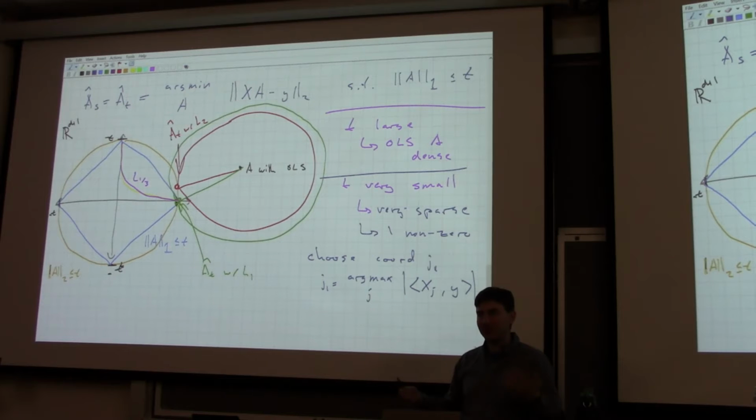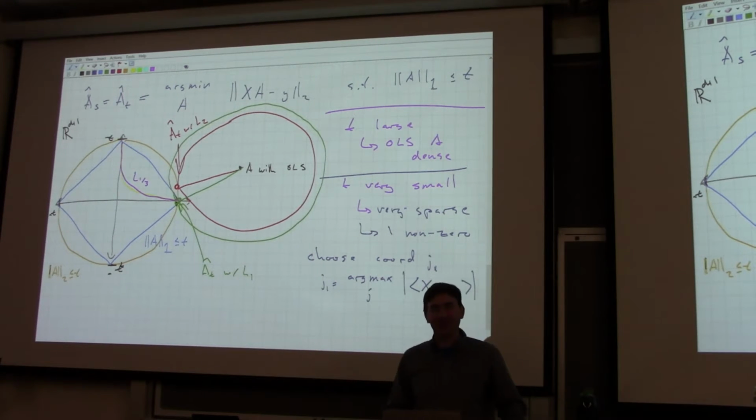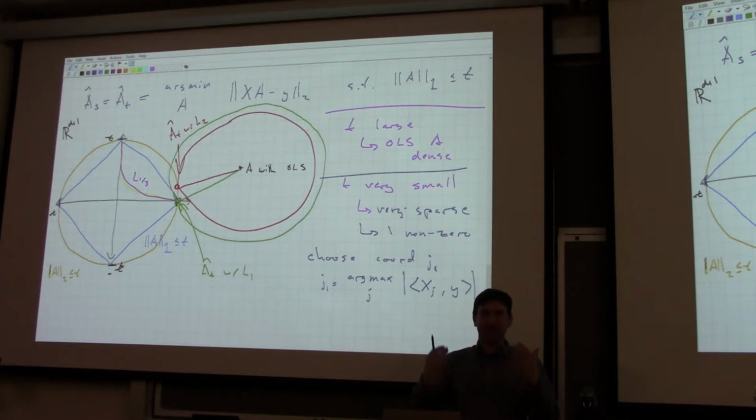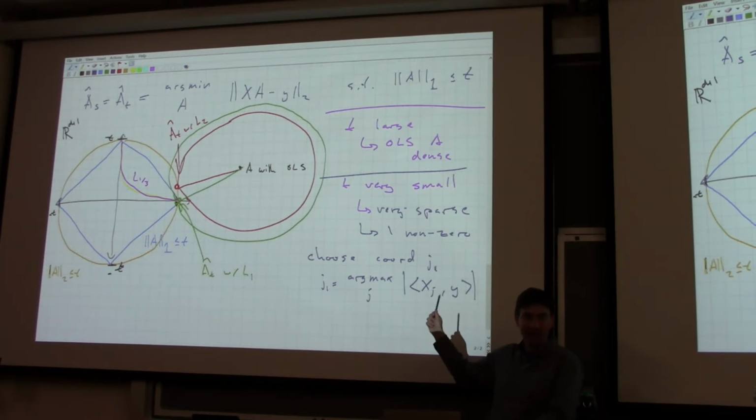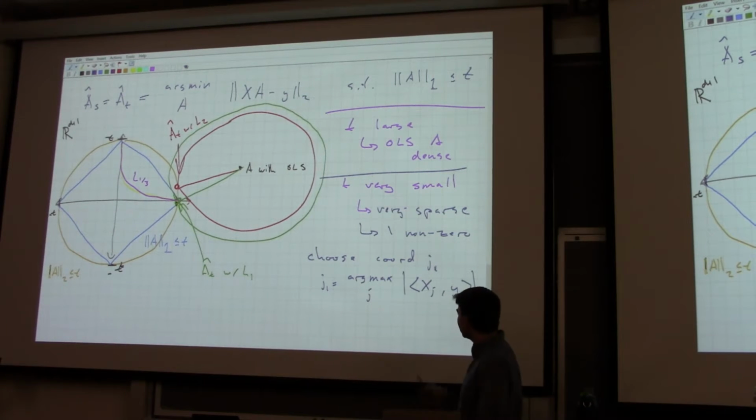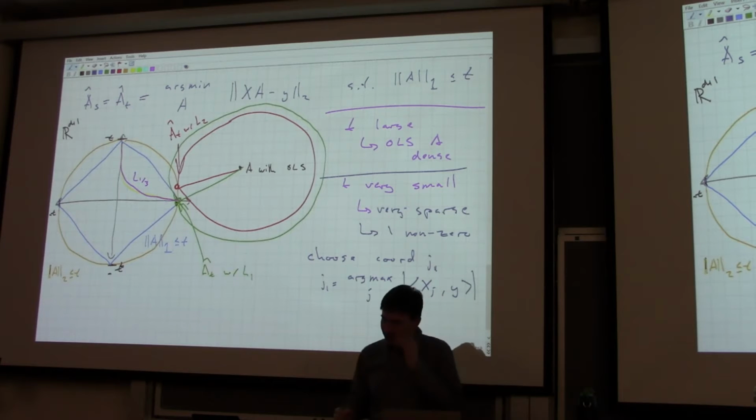If you're continuing with this nihilist analogy, from completely nihilist, one thing in the world makes sense. This one coordinate is that thing, so this starts making sense. You start with that coordinate, and as this ball is growing, your solution is moving in this direction.